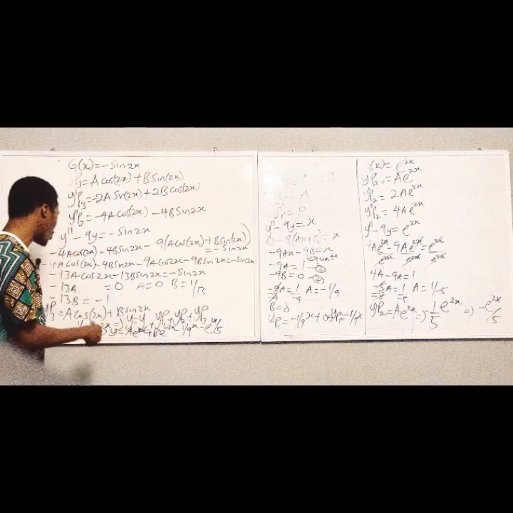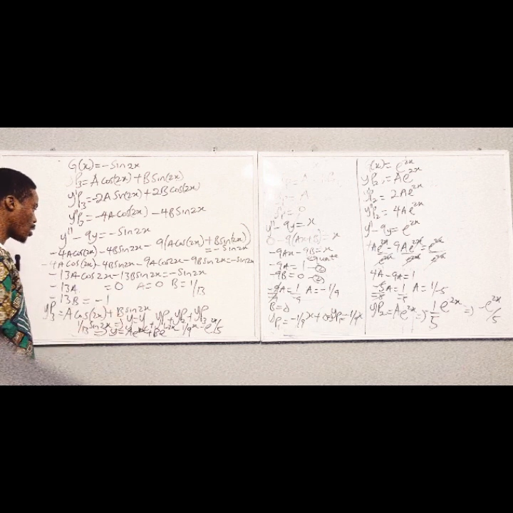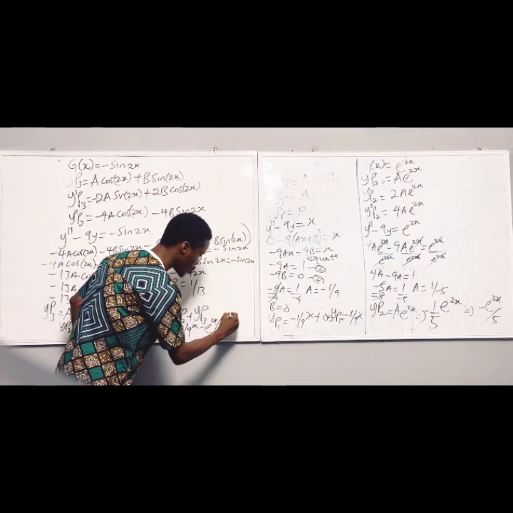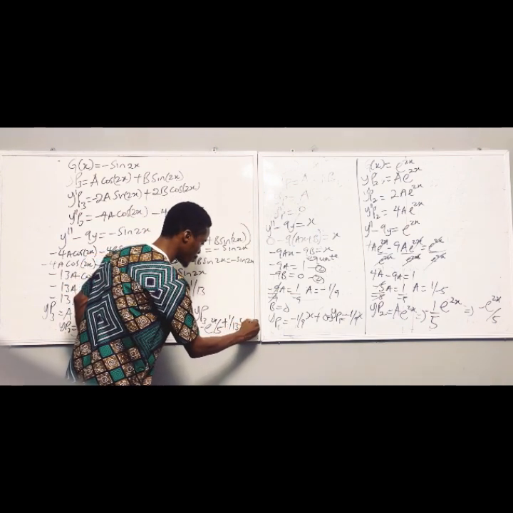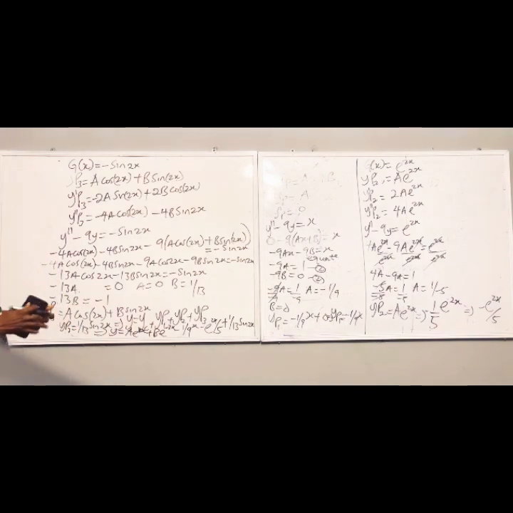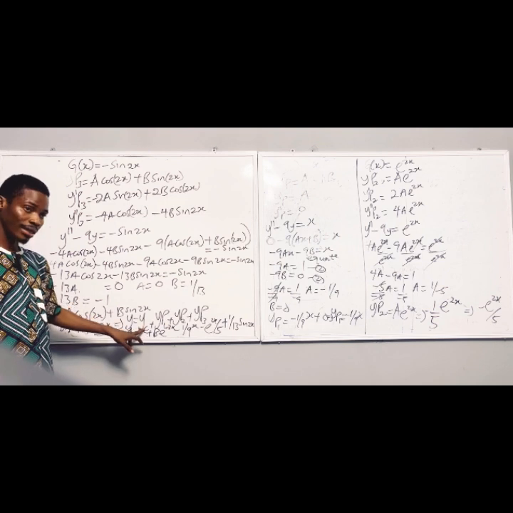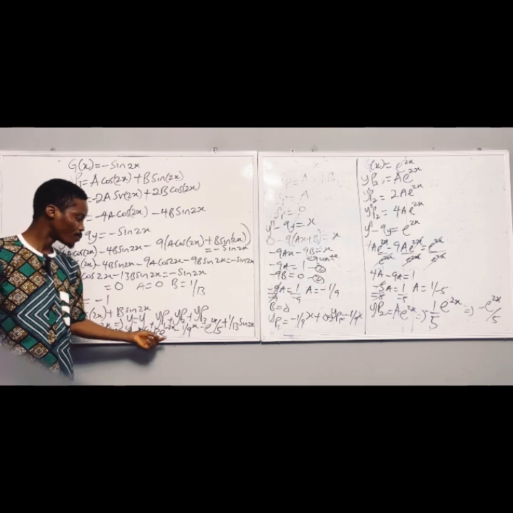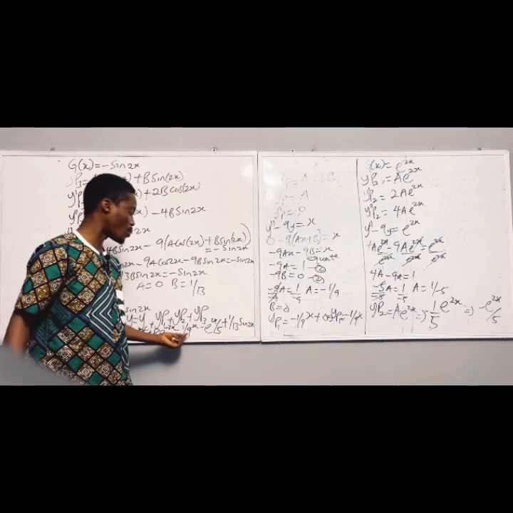Then my yp3 is plus 1 over 13 sin 2x. So this is my general solution for the second order equation: A exponential 3x plus B exponential minus 3x, that is my general solution for the homogeneous equation, minus my particular solution 1, which is minus x over 9.